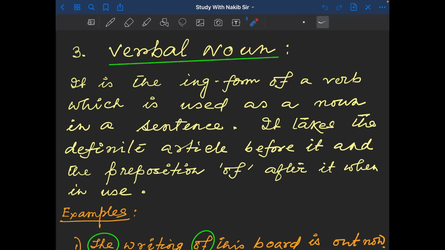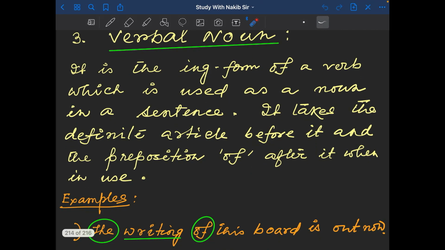What do you mean by a verbal noun? It is the ing form of a verb which is used as a noun in a sentence. It takes the definite article "the" before it and the preposition "of" after it when in use.